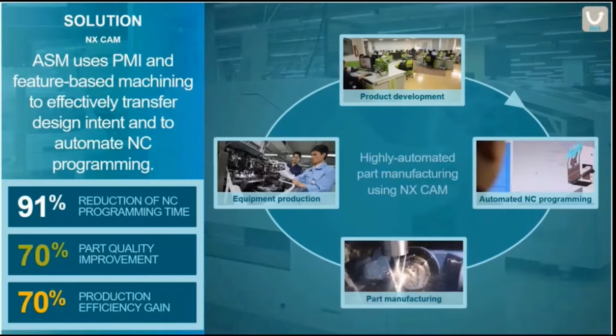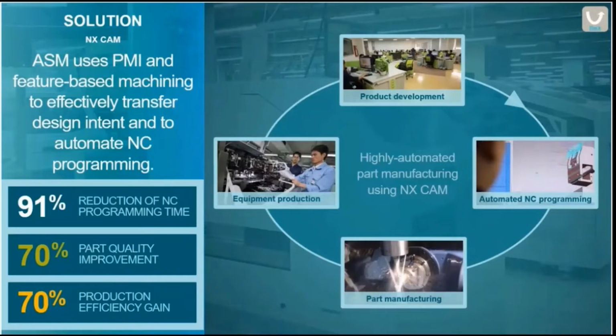Part quality is another focus for ASM. NX CAM integrated simulation helped ASM to reduce errors and improve part quality. Instead of conducting tests on physical machine tools, ASM engineers used a digital twin of their machining processes to validate the NC programs for accuracy and reliability.